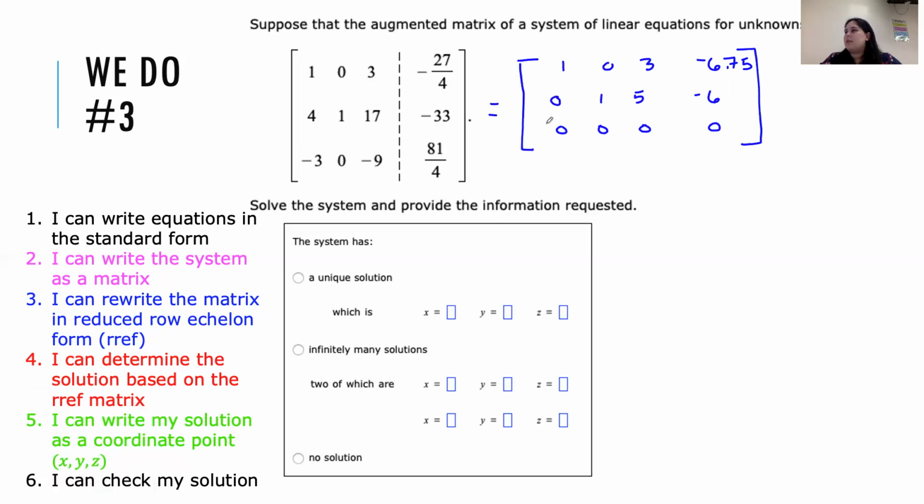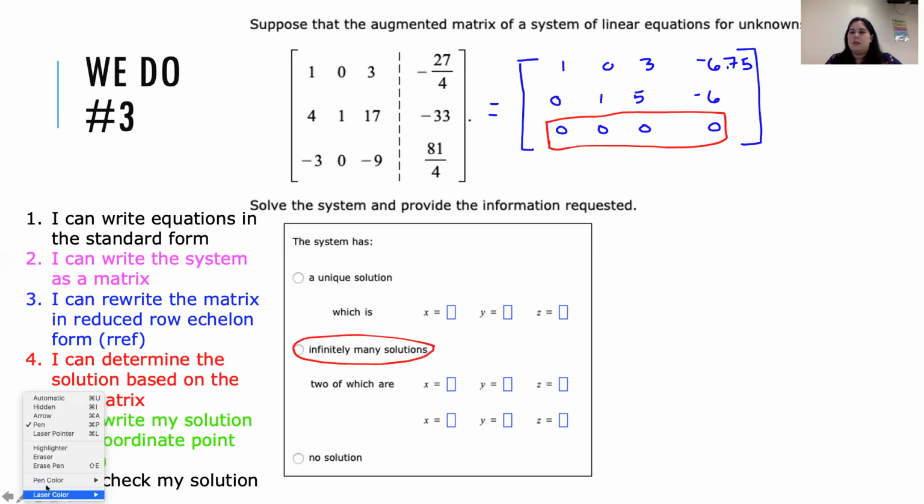Based on this last line here, again, I know that I have infinitely many solutions. Now, this one is a little different than what we had earlier because they want you to give 2 coordinate points that live on this plane. So we can come up with our equations like we did last time.